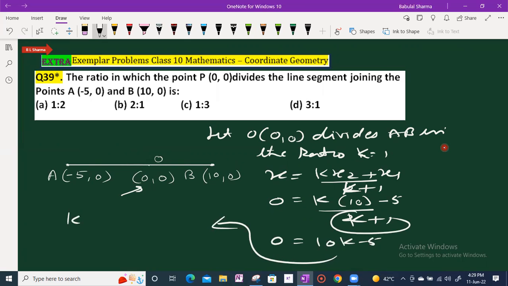So 10k is equal to 5, k is equal to 5 by 10 or 1/2. So the origin, this point, divides the line segment joining A and B in the ratio 1:2. So A is the correct option.